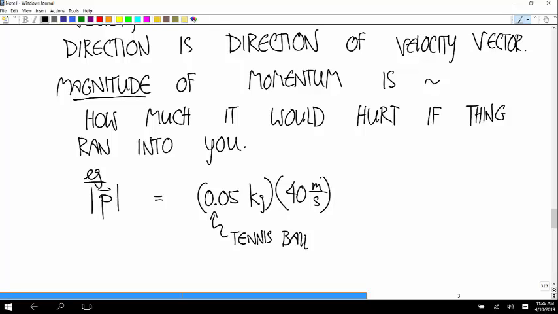Okay, that's pretty fast, almost 100 miles an hour. But it's a tennis ball, so you'd feel it hit, but you'd be fine. So what's that equal to? That's 2 kilogram meters per second. Okay. Doesn't hurt too much.